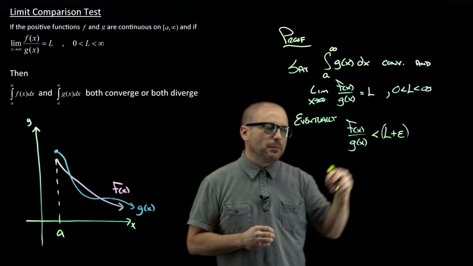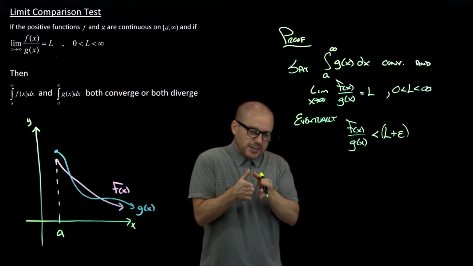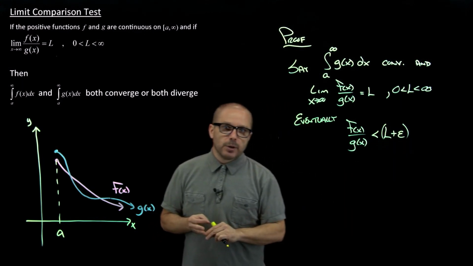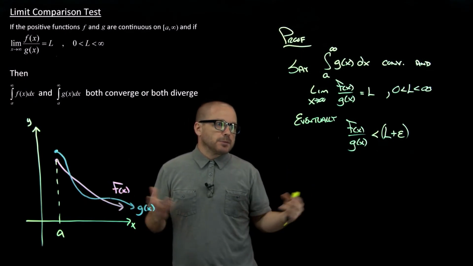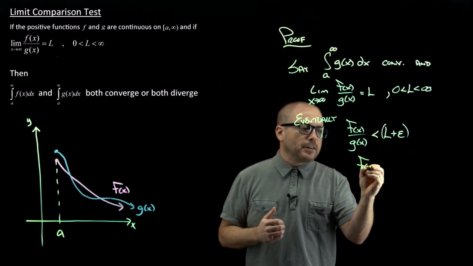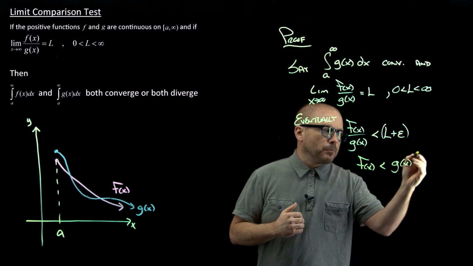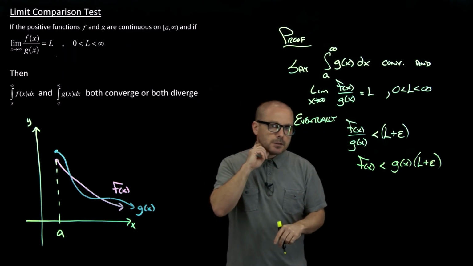So I'm just saying some number bigger than L. Because if you're getting infinitesimally close to L, you got to eventually be less than a number bigger than L. I guess we could have just said plus 1, but epsilon, some amount bigger than L, which means that f of x can be bounded above by g times that number.